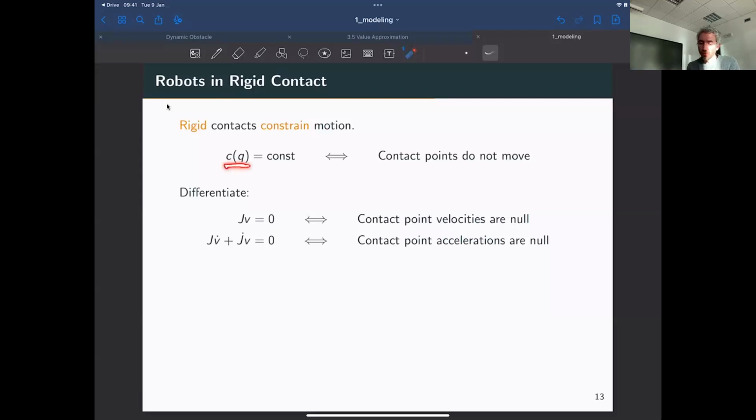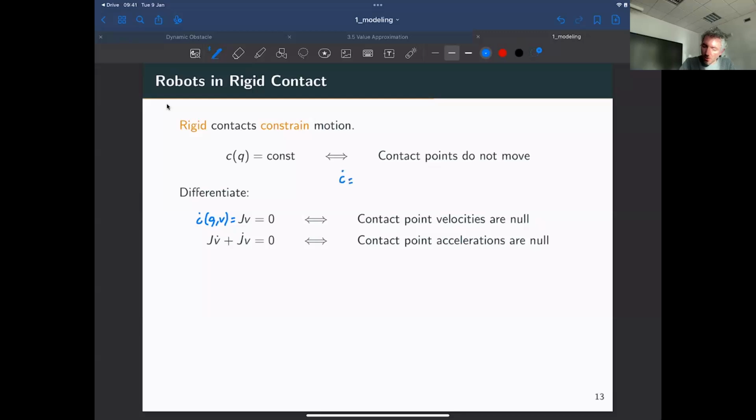So C of Q becomes C dot of Q, V, and the constant in the right-hand side becomes 0, because if you take the derivative of a constant, you get 0. And C dot of Q, V can be rewritten as J times V. The reason why is quite simple.